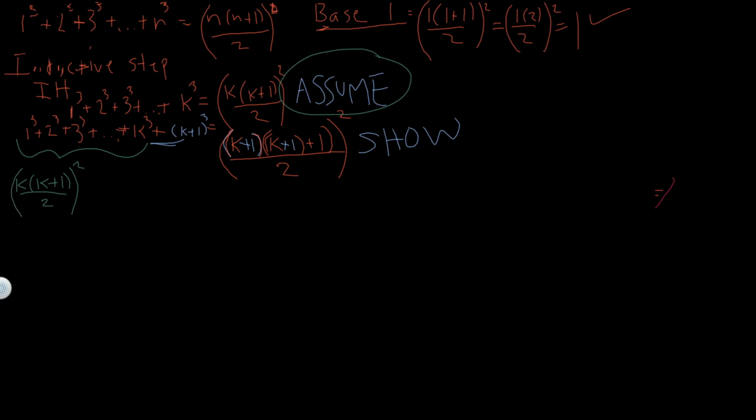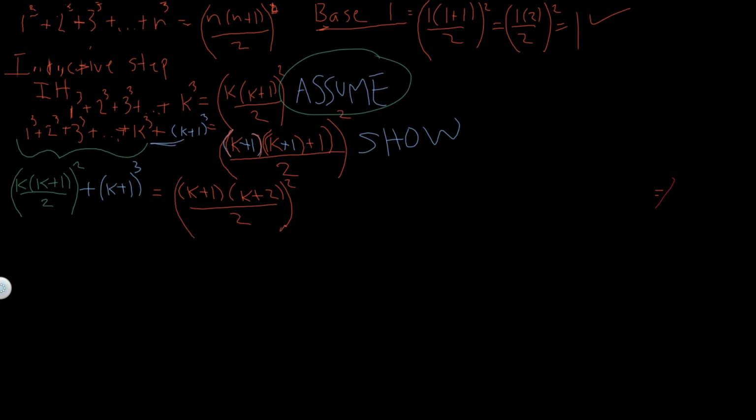And then after that, we need to add our next iteration, k plus 1. We're going to cube it, and we're going to say that that equals k plus 1 times k plus 2 divided by 2 quantity squared. All right, cool.